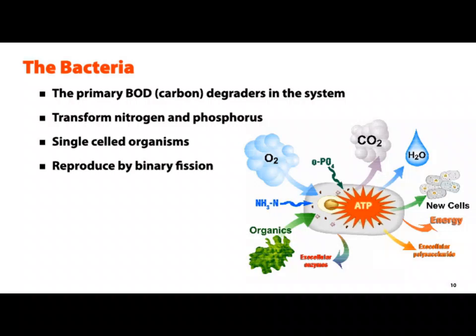Right? The bacteria are producing their energy in the form of ATP. ATP is a universal biochemical, adenosine triphosphate. It's a molecule that is common across every living organism that ever existed.